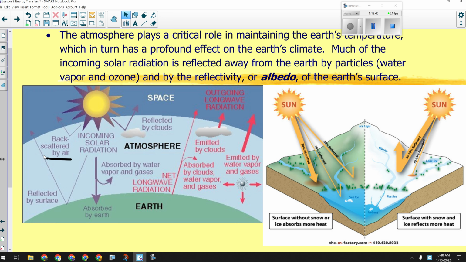Okay, this is something you can use all the time. Okay, it's a property called albedo. In fact, this is a really super important word that you need to know. Okay, the reflectivity of the Earth's surface is called albedo.